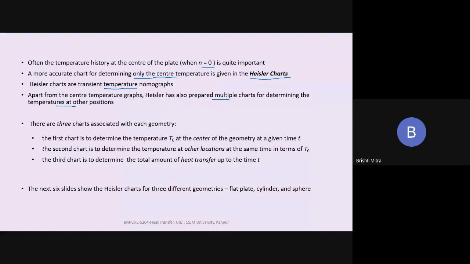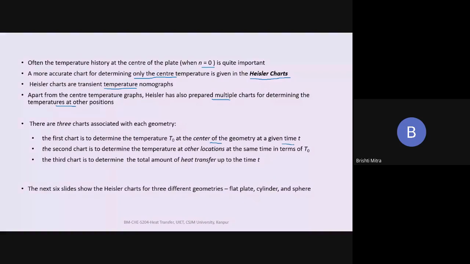So when we talk about these Heisler charts, let's see what kind of charts we have. For each geometry, what kind of geometries will we talk about? One is a flat plate, second is a cylinder, and third one is a sphere. For each of these geometries, the first figure will help us determine the temperature at the center of the geometry at a given time.